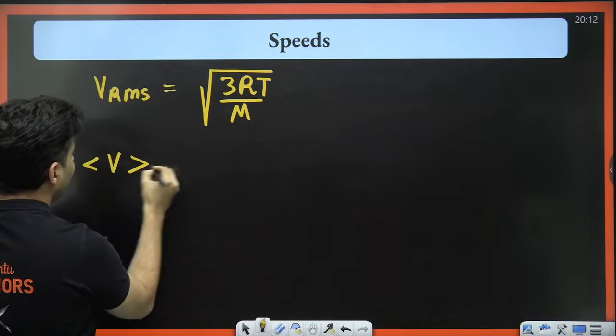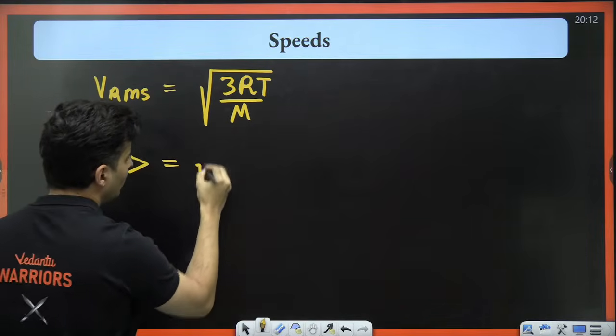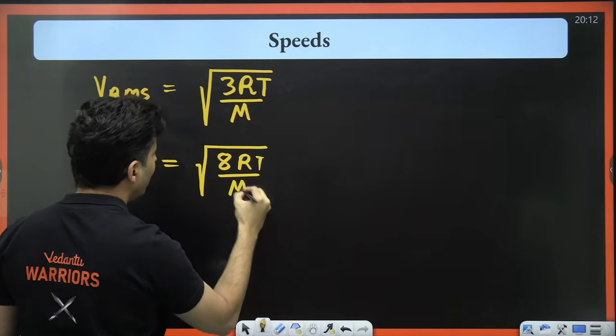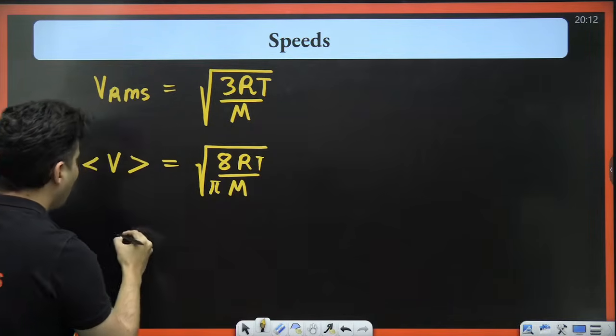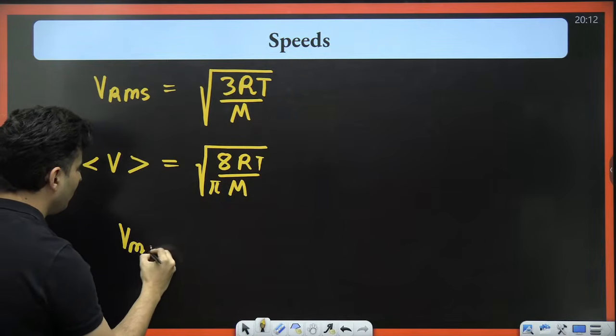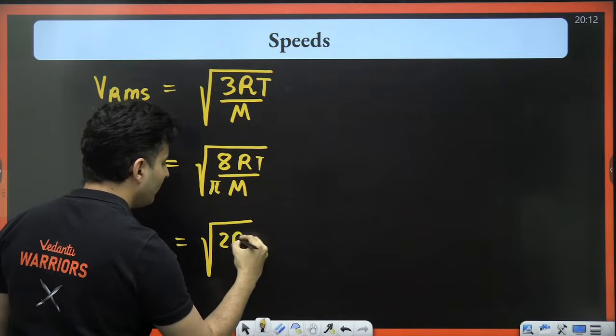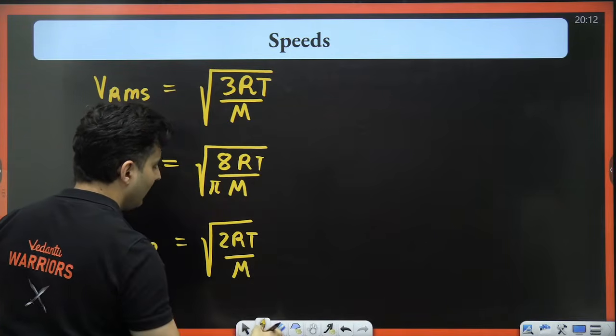The average speed comes out to be root of 8RT divided by pi M. And lastly, the most probable speed comes out as root of 2RT divided by M.